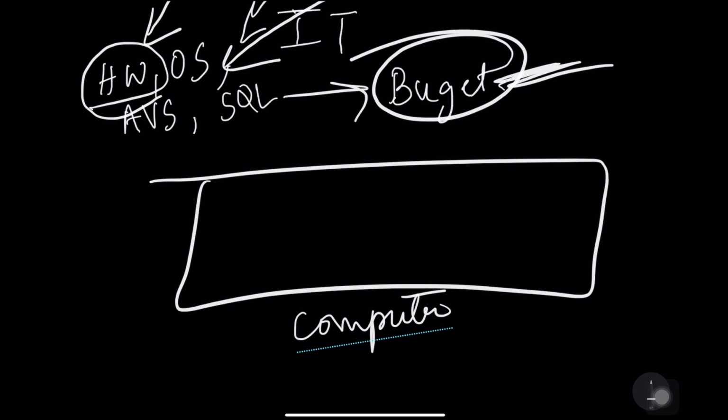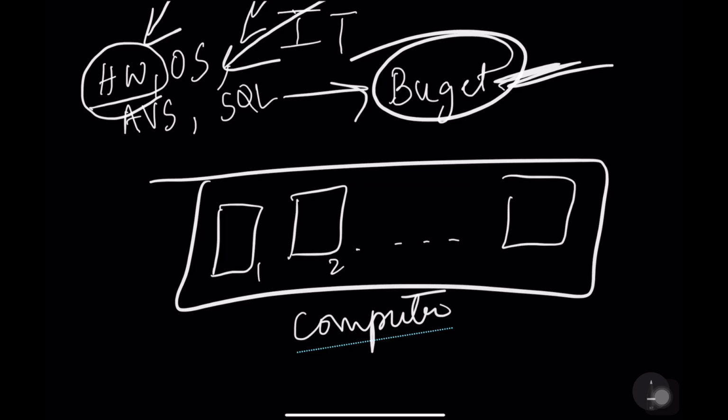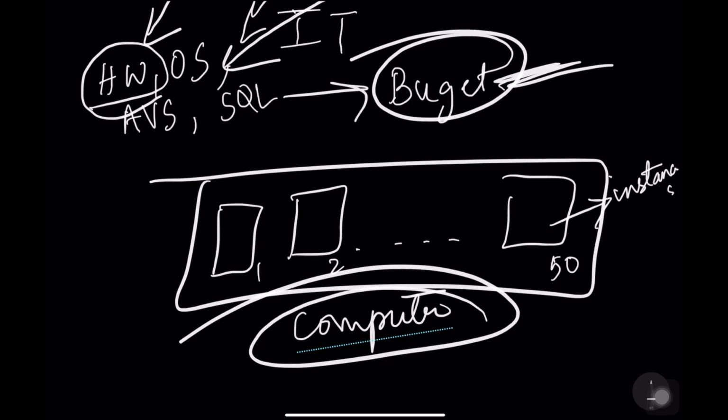That is how SQL Server was designed to support 50 servers, called instances, on a single machine. This is how they gave a solution to this. Then, what is an instance? We'll try to understand what an instance is now.